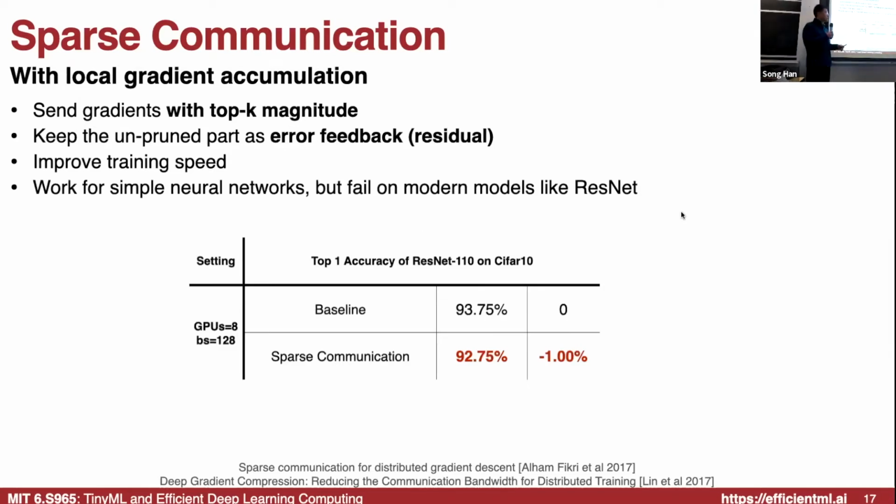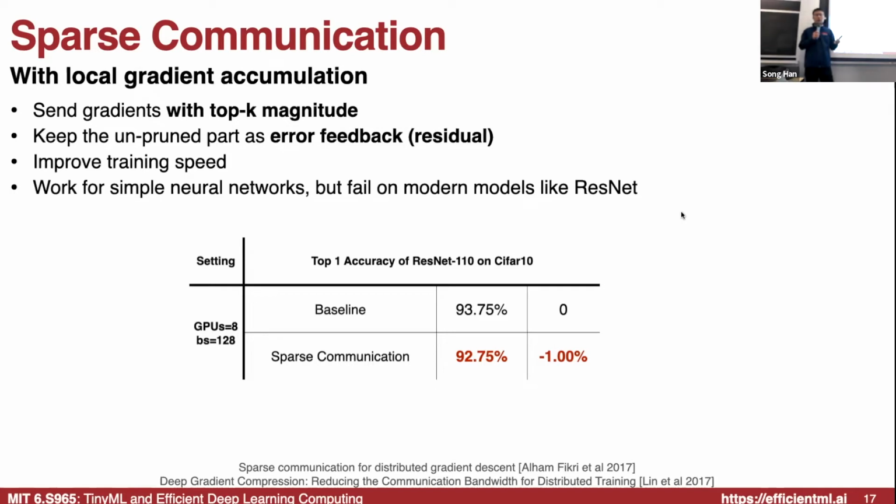However, this method alone fails on modern big models like ResNet. For example, this method has 93.75% accuracy, but with such sparse communication, there's about 1% degradation of training accuracy, using ResNet even on CIFAR.